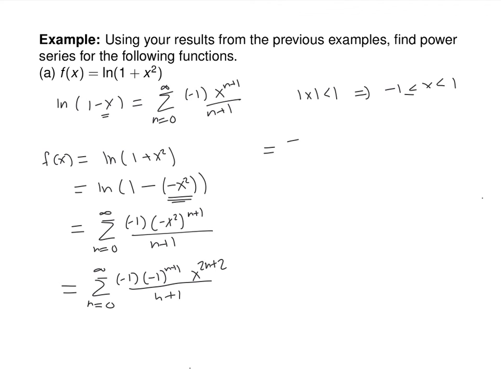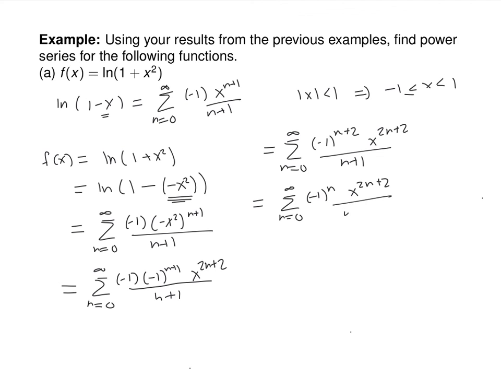Or that's the sum from n equals 0 to infinity, negative 1 to the n plus 2, x to the 2n plus 2, all over n plus 1. Or the sum from n equals 0 to infinity, negative 1 to the n, x to the 2n plus 2 over n plus 1.